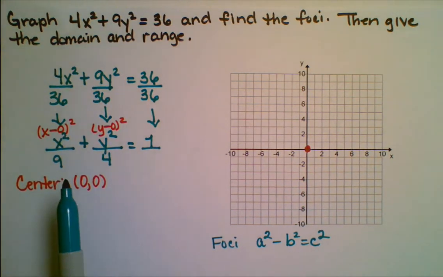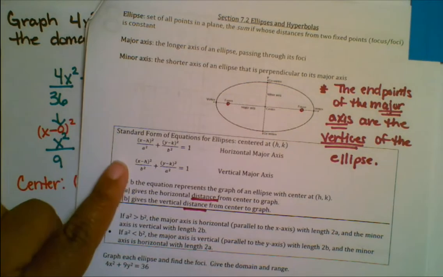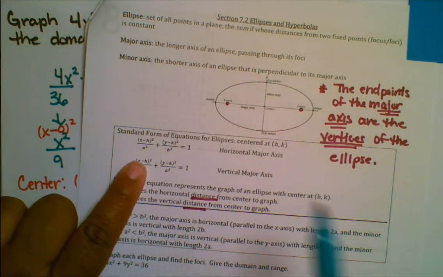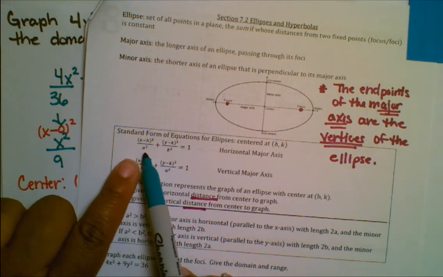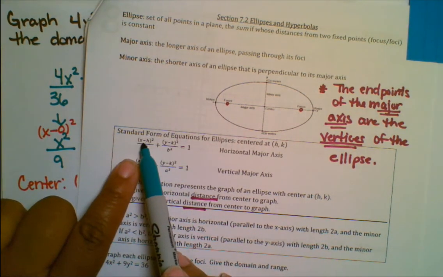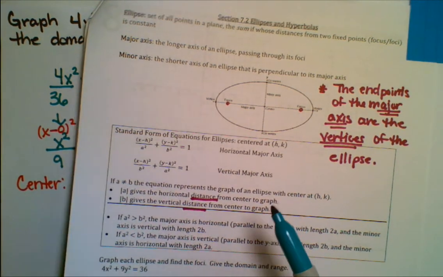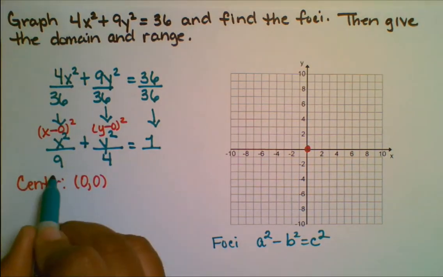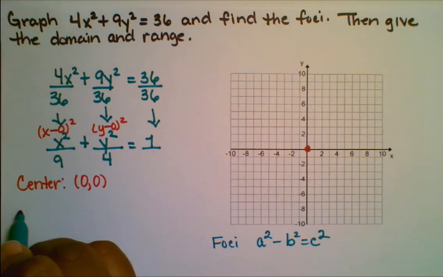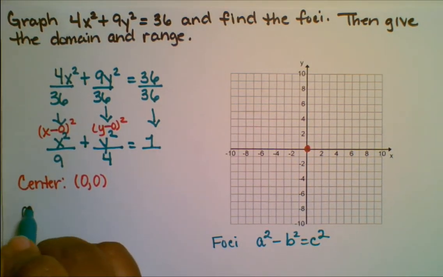Okay, because if we go back to our equation, since our a squared is paired with the x term, we have a horizontal major axis. So our a squared, since that's the highest, is 9.